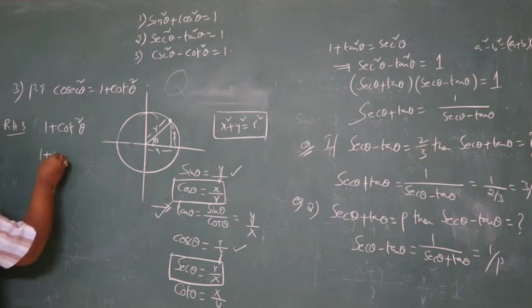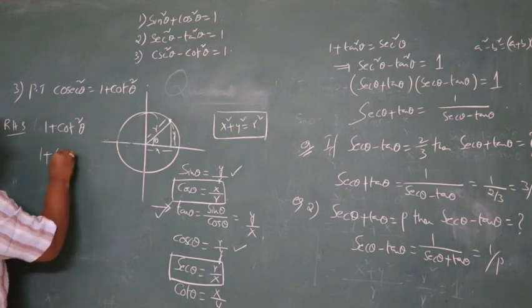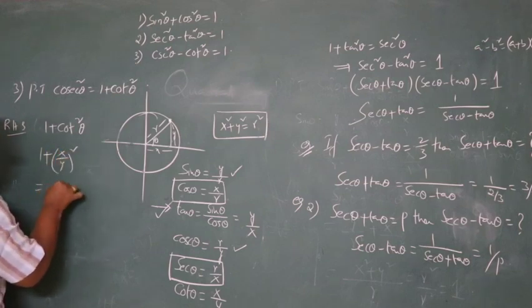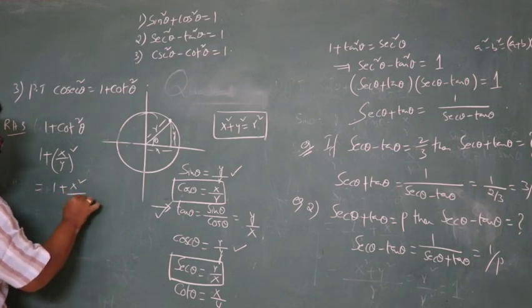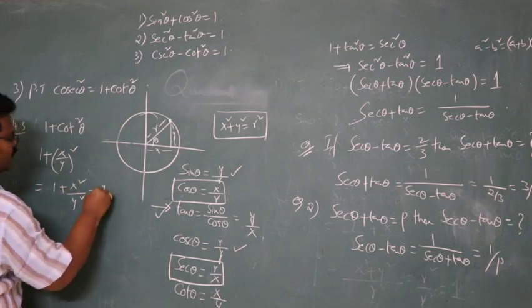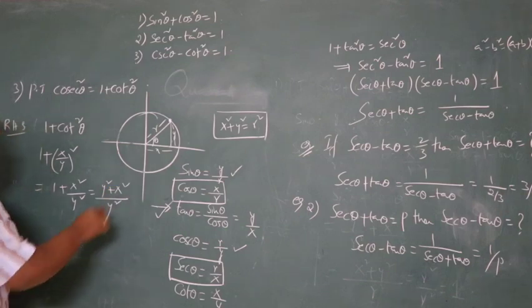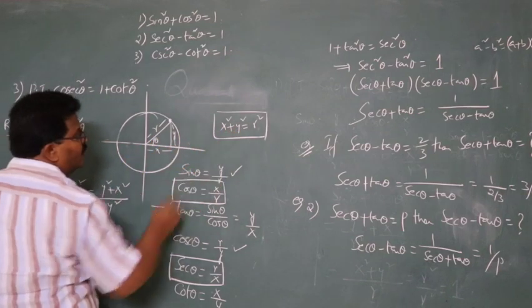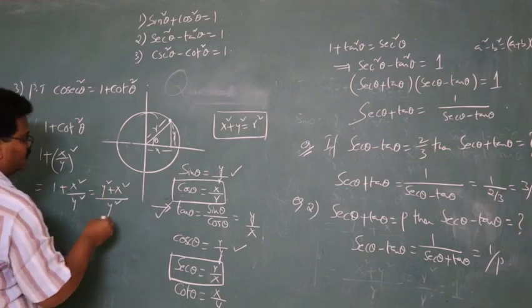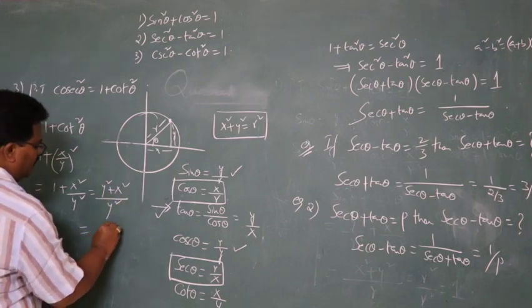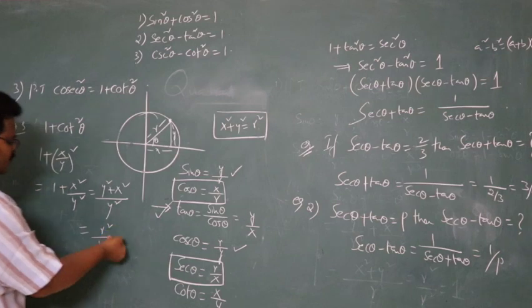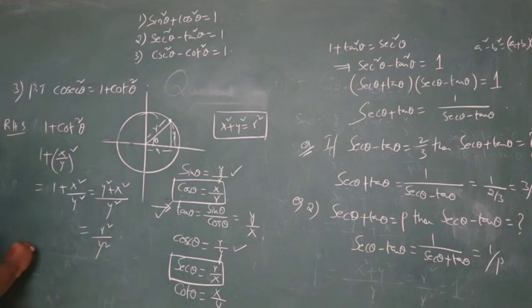X by y, that is x by y whole square, that is 1 plus x square by y square, that is y square plus x square by y square. From the right angle triangle property, hypotenuse square equal to x square plus y square is r square, so this is r square by y square.